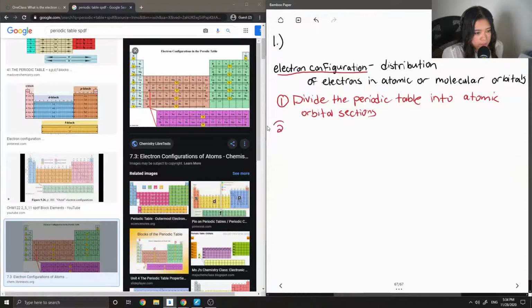So this brings us to step 2, where you just move from left to right across the rows. And you start at hydrogen.